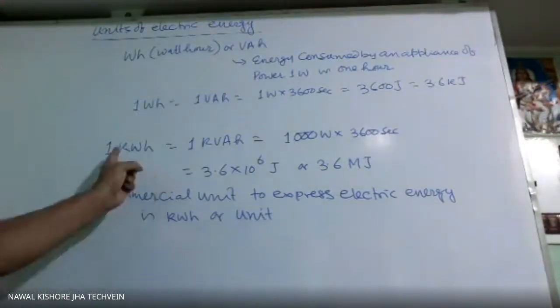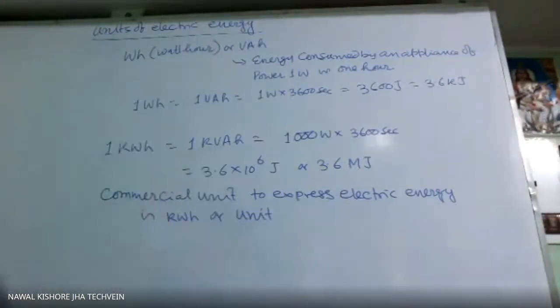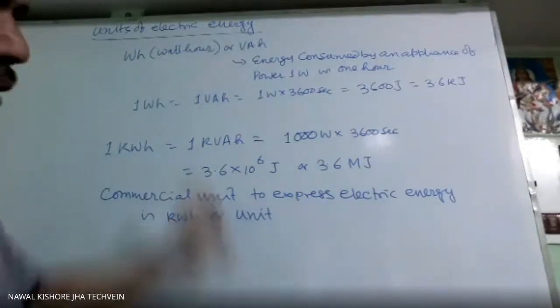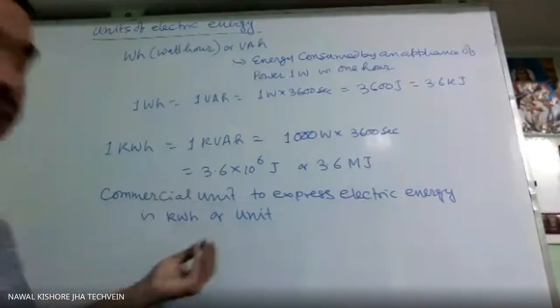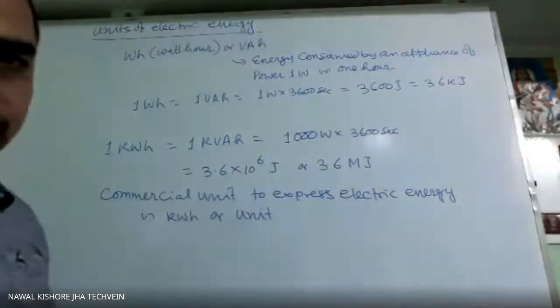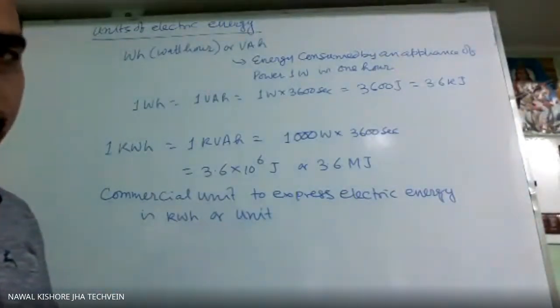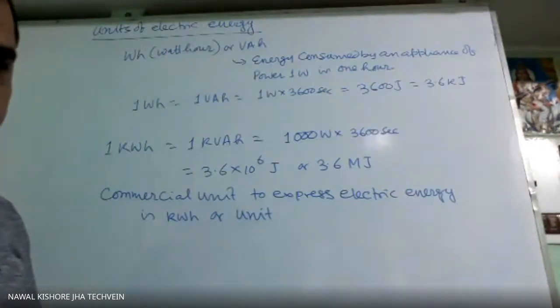If you are using an electric iron of 1000 watt for 1 hour, the energy consumed is 1 unit. If you are using a geyser of 2 kilowatt for half an hour, the energy consumed is 1 unit. If your fan is 100 watt and you use it for 10 hours, energy consumed will be 1 unit.